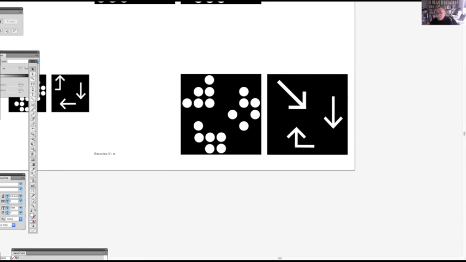So it's a composition exercise. It's about direction, it's about grouping, it's about spatial interaction and balance. It's about the positive space and the negative space, the emptiness, what happens in between. Very, very important.